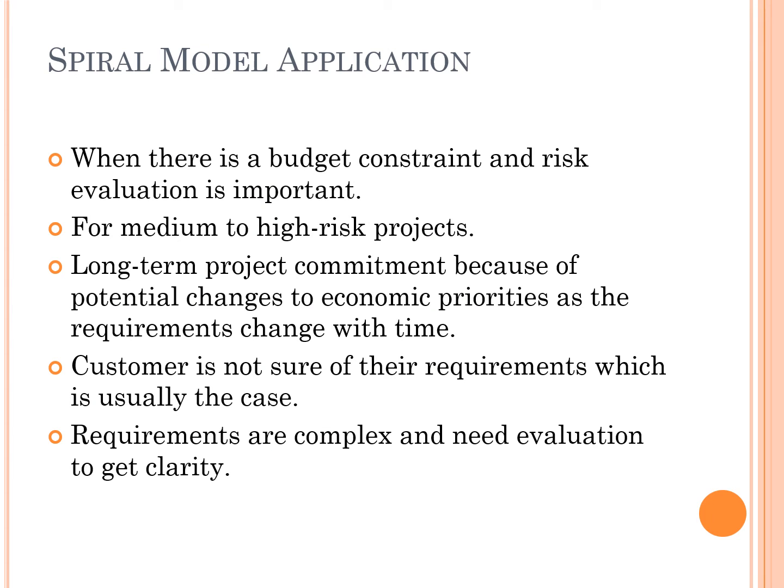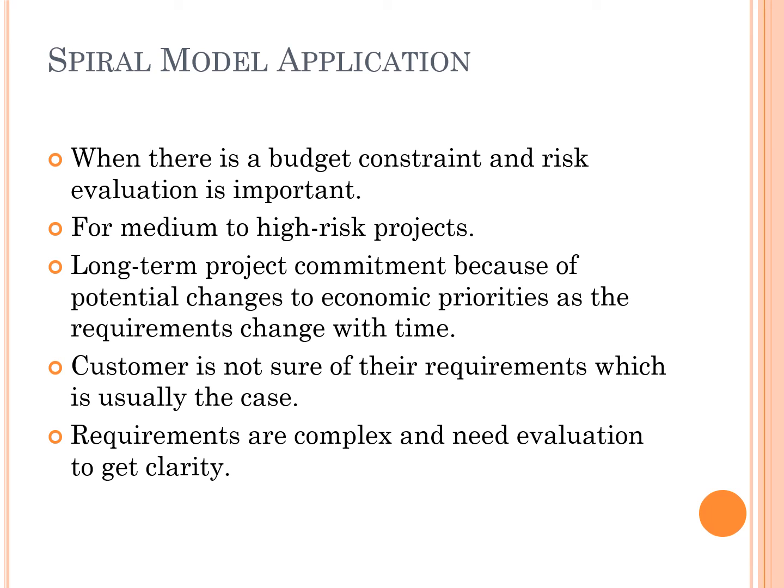Applications of the spiral model. The spiral model is widely used in the software industry as it is in synchronization with the natural development process of any product, that is, learning with maturity, which involves minimum risk for the customer as well as the development firms.